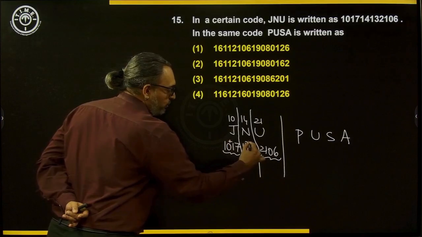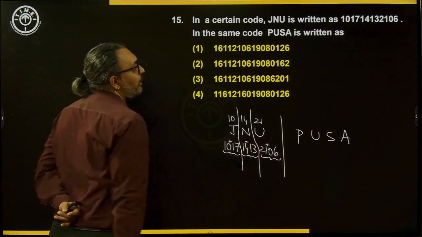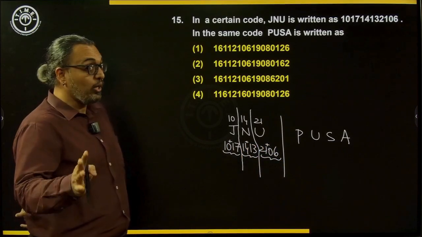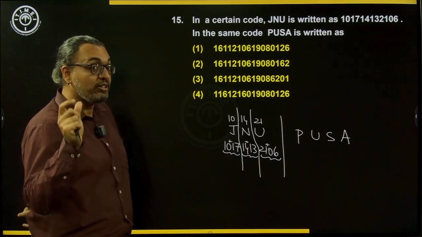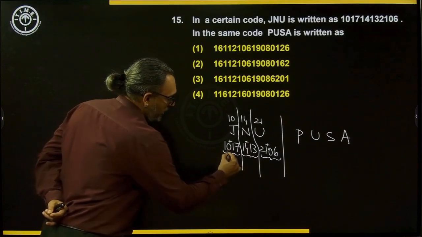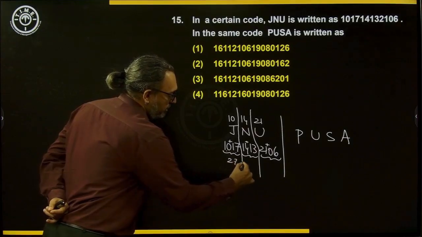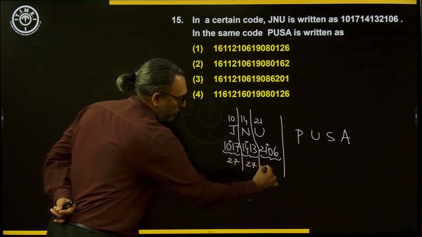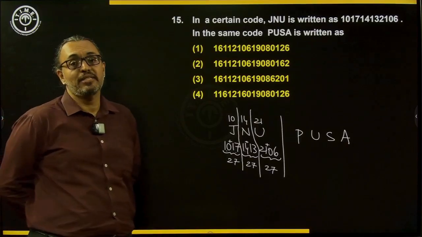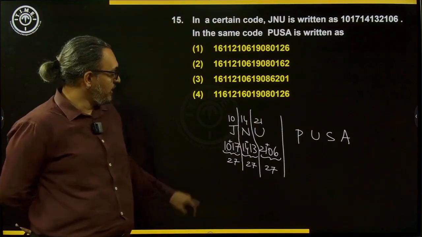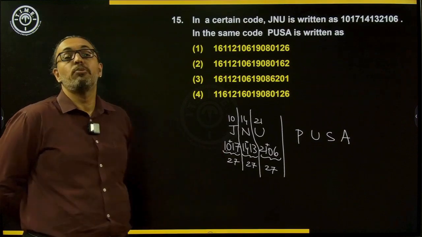Whenever you have 2 numbers, try to add them and check. Don't look at them as digits, look at them as numbers, a number with 2 digits. You have a 10 and a 17, add them, 27. 14 and 13, you add them, 27. 21 and 6, you add them, 27. So basically, he is writing the numbers as opposite pairs, taking the place value and then writing the opposite of that.